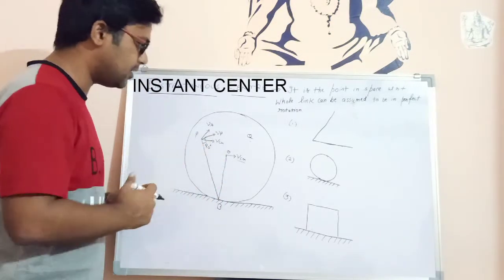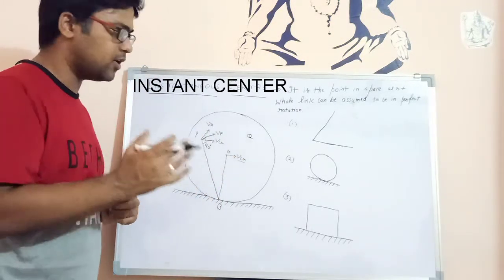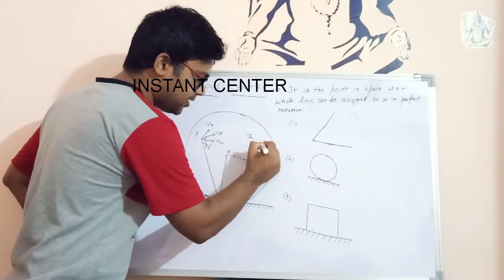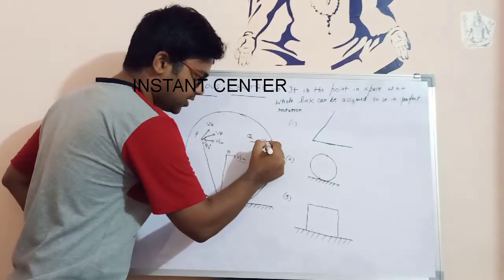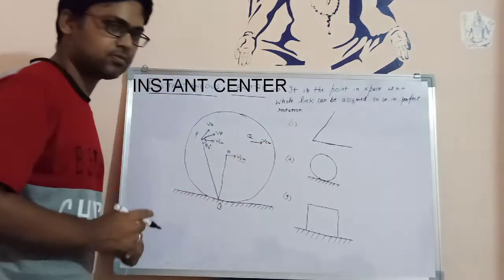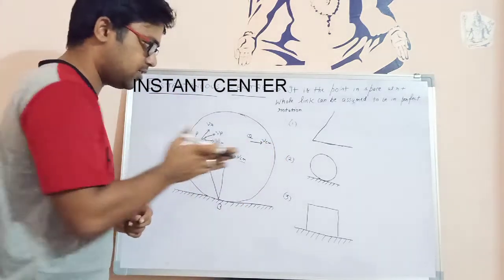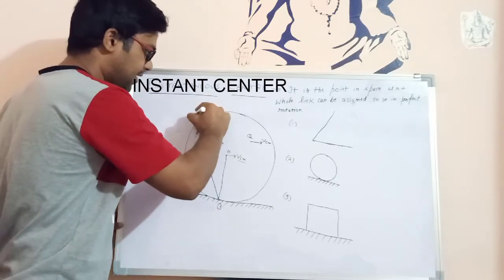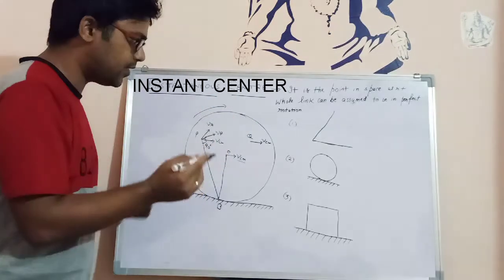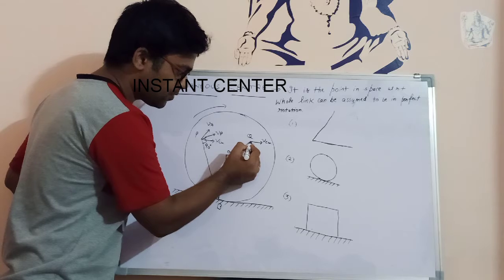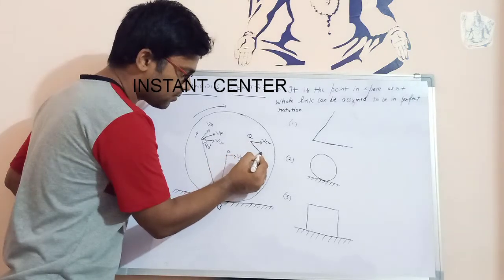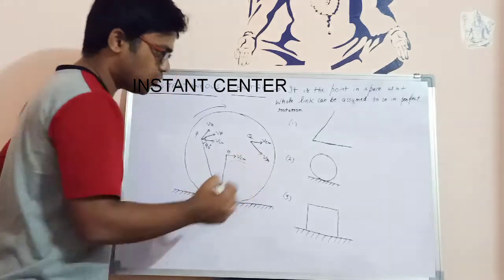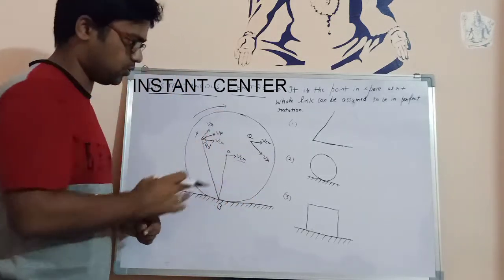Similarly for point Q, first of all, the point at Q will have a velocity because of the center of mass, the velocity of center of mass. It is in this direction only. At the same time, this entire thing is having a rotation. So at point Q we are having VR, the velocity of rotation, since it is rotating also.